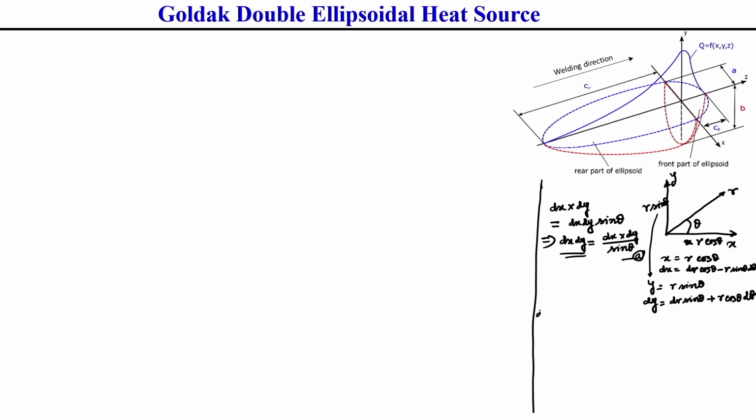So, what is dx dy we are getting? dx dy we can write as dx cross dy. dx we got as dr cos theta minus r sin theta d theta, cross dy, which you can write as dr sin theta plus r cos theta d theta, divided by this whole sin theta is there.